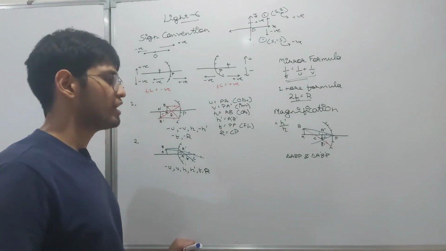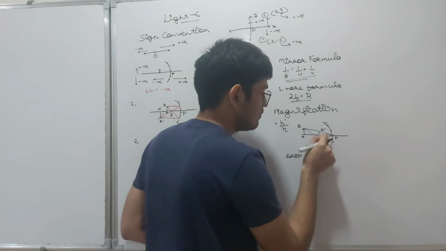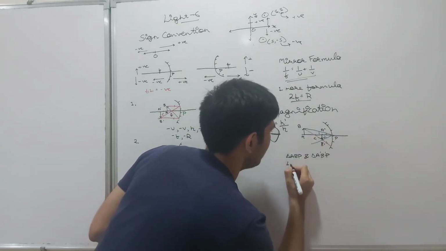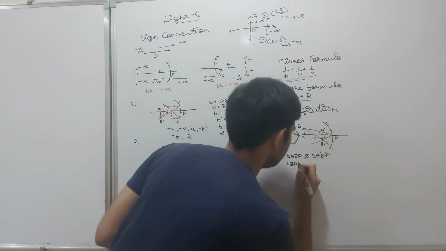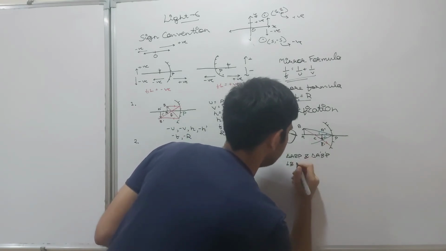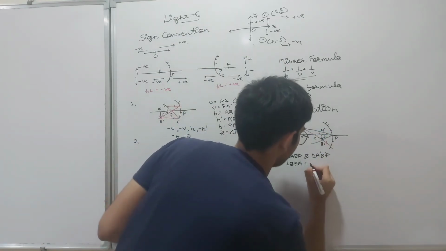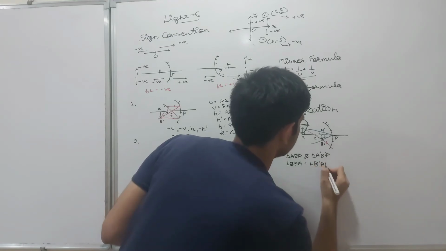Now what can we do? Here we can easily see that angle BPA is equal to angle B dash PA dash.